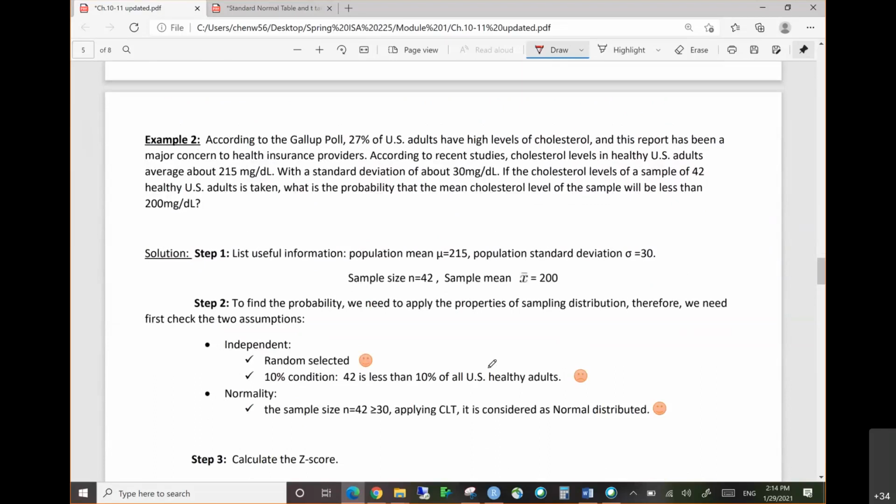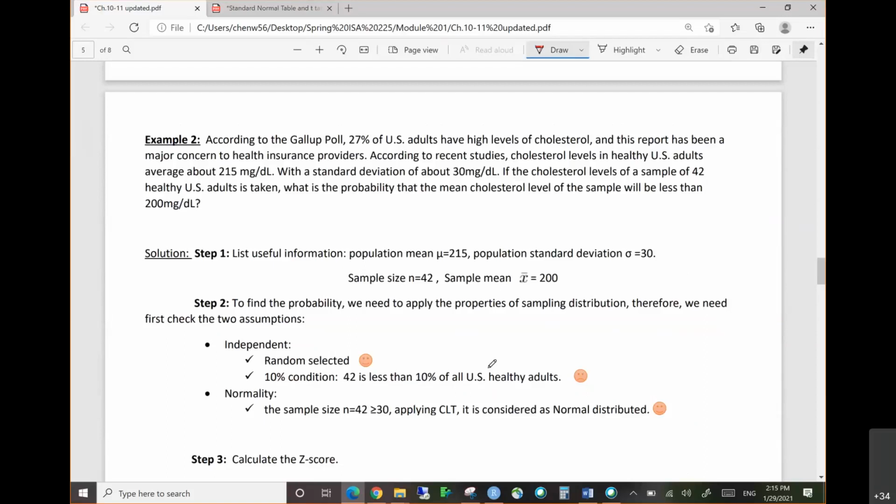According to recent studies, cholesterol levels in healthy United States adults average about 215, with a standard deviation of about 30. If the cholesterol level of a sample of 42 healthy United States adults is taken, what is the probability that the mean cholesterol level of the sample will be less than 200?